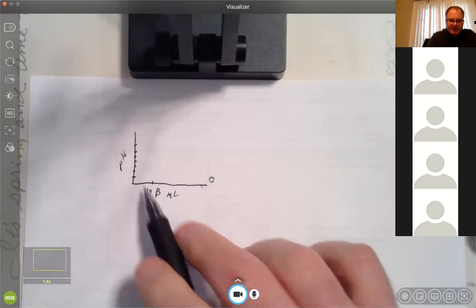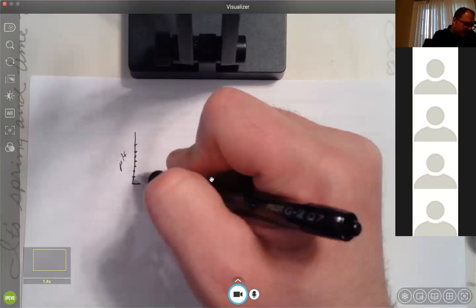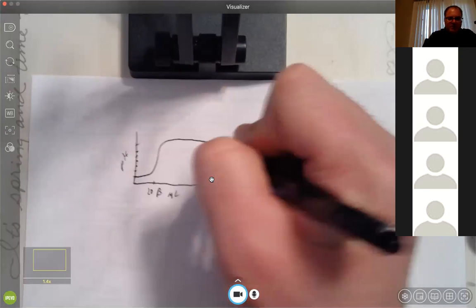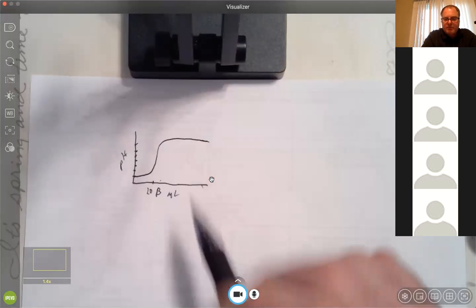They gave you the drawing and said, here is the pH of this one, and you were supposed to say where the equivalence point was.